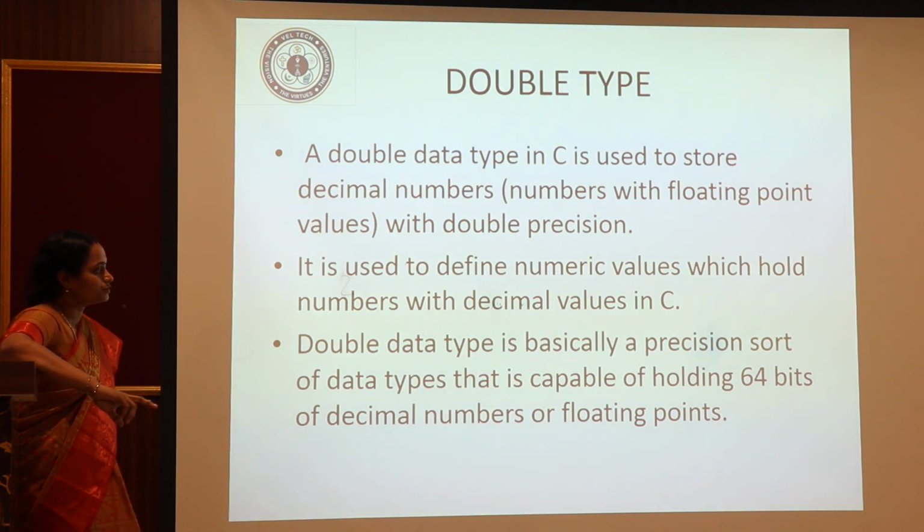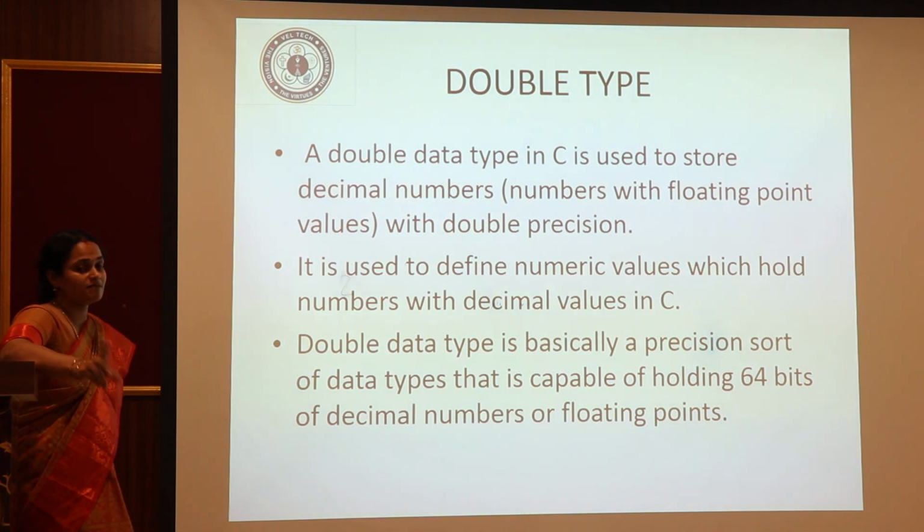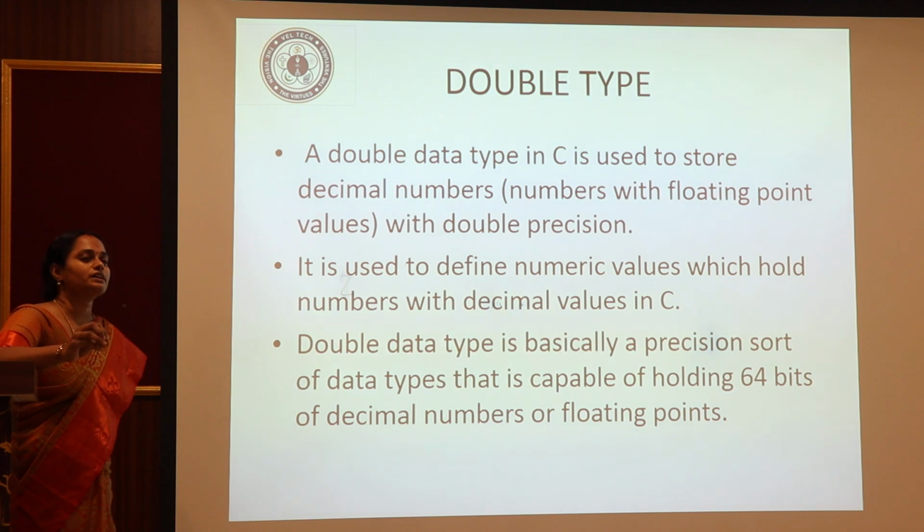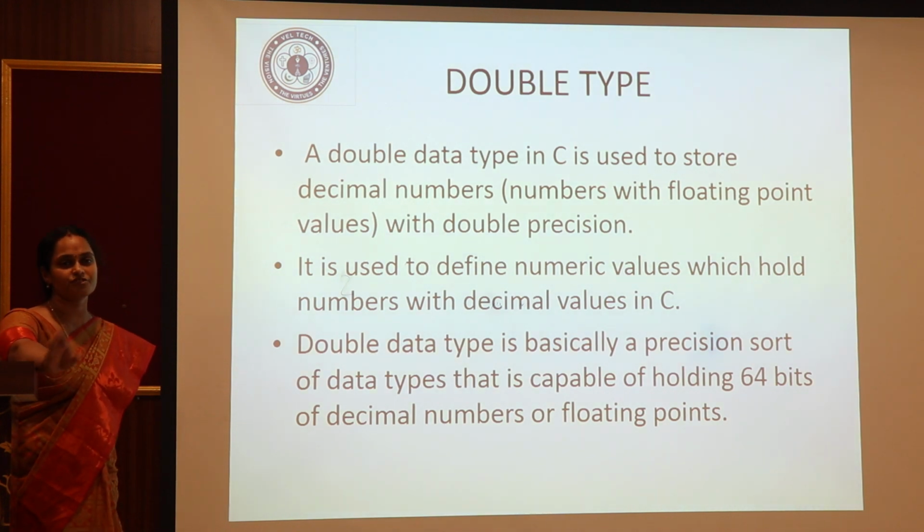That means we store a numerical value that holds numbers with the decimal value inside. Data types basically have an enormous number of types. Here we mainly have to declare floating points. In every system we have some pointed value.